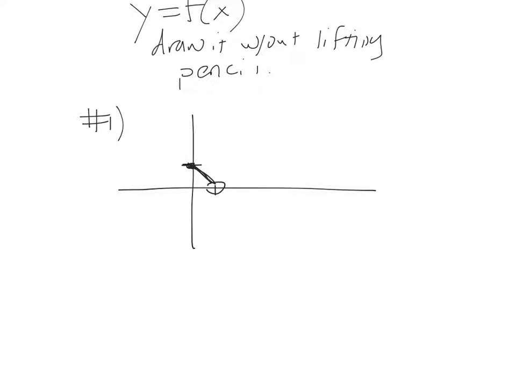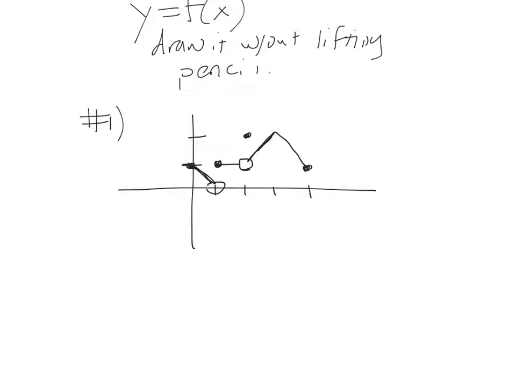So that's 1, 2, 3, 4. And then let's start it up here and go to here with an open circle and a peak to there. And then let's put some random dot right here. Wow, it looks like a 3-year-old drew that.